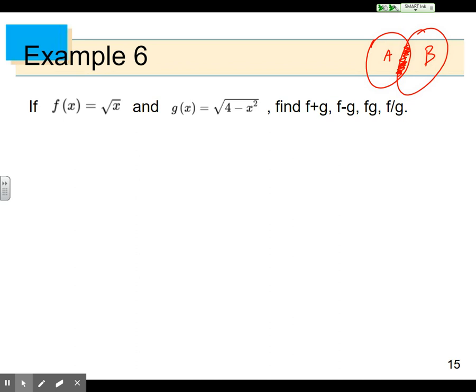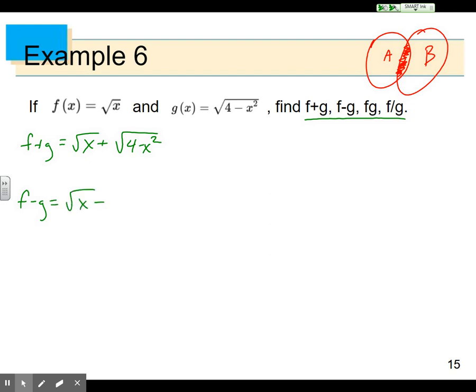So it wants me to find f plus g, f minus g, f times g, f divided by g. According to the last slide, all I've got to do for f plus g is take my terms and add them together. I'm done. I can't combine those because they're not like terms.